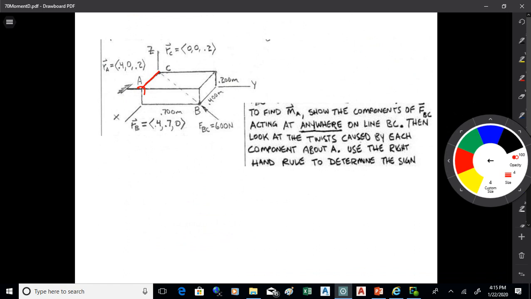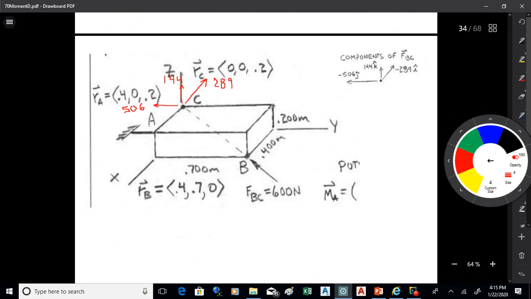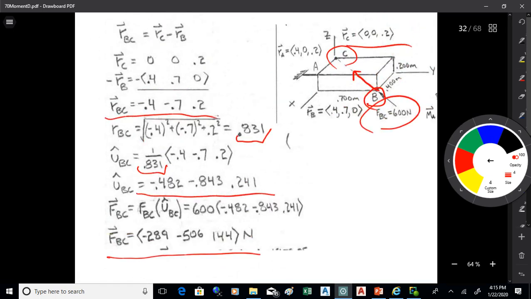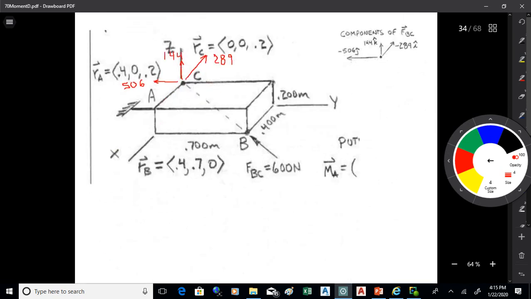So I'm going to use that as my moment arm from A to C, and then I'm going to put my force there. It's easier to visualize if I put the force in three components. So I've got them listed there: 506 in the negative y, 144 I think it is in the z, and negative 289 in the x. Is that 194 or 144? I'm not sure. 144 in the z and negative 289 in the x.